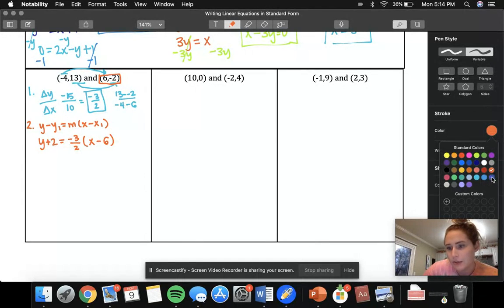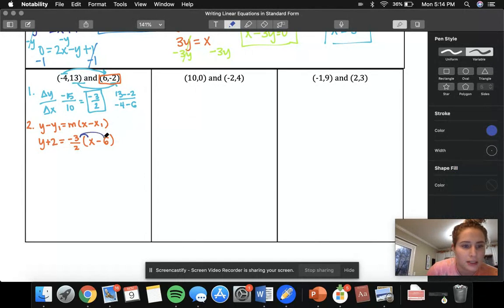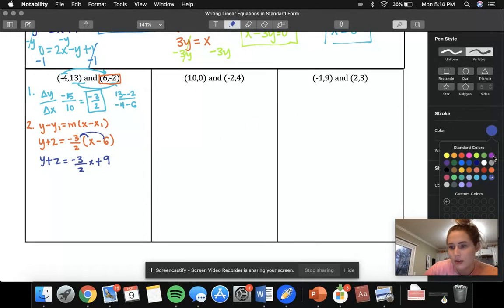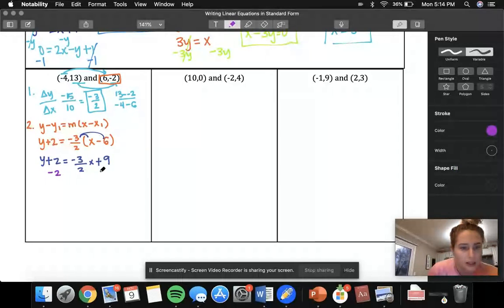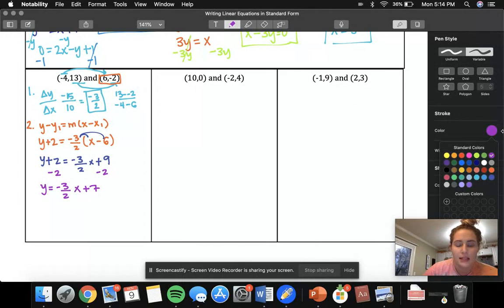Now I'm going to simplify it by distributing the negative 3 over 2. Negative 3 over 2 times negative 6 would become positive 9. Now I'm going to move this plus 2 over. I get y equals negative 3/2 x plus 7.